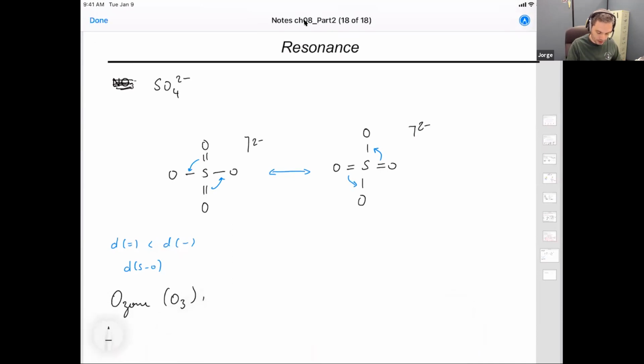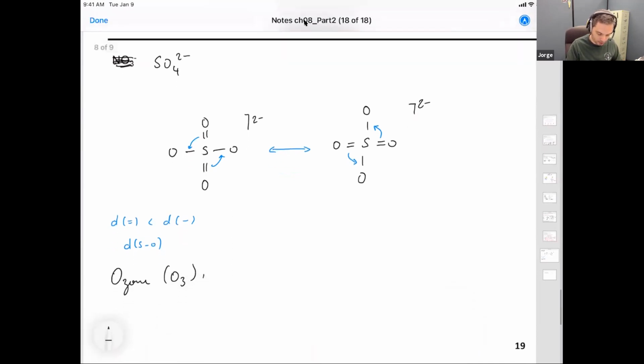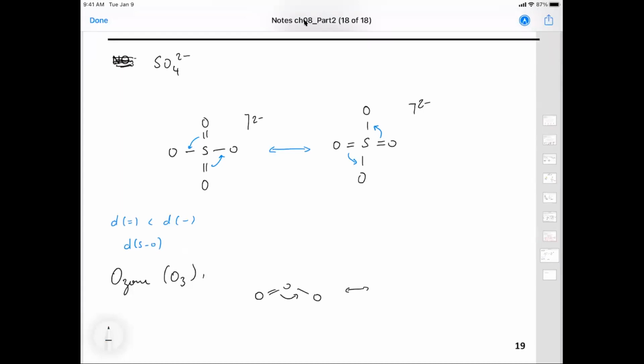Okay, and that's the same case for ozone. Ozone has this structure, double bond on the left side and single bond on the right side. However, this double bond may move to the right side and form this compound.